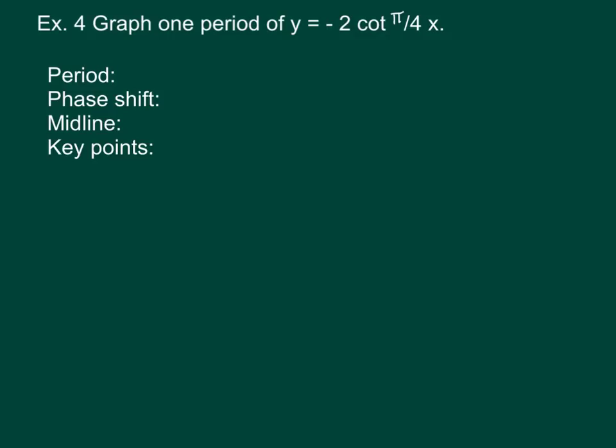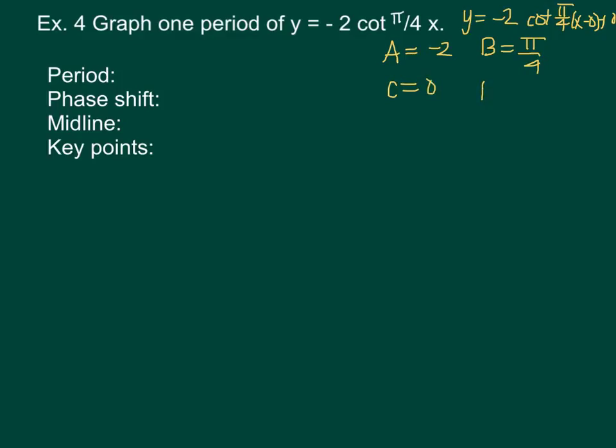For our last graph, we're going to see what happens to a cotangent graph with the -A. And B is pi over 4. And remember, if you want to write this over, so you can see x minus 0 plus 0.